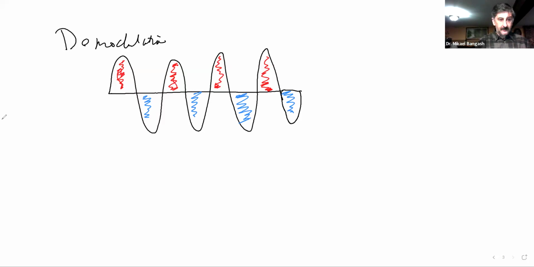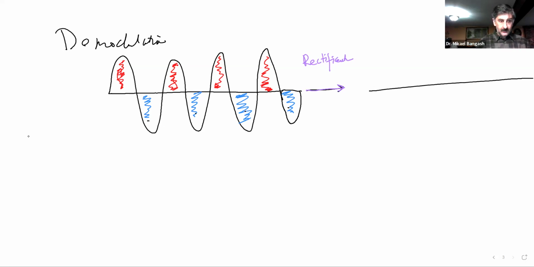Now, our first step of demodulation is going to be rectification. And what rectification mainly does is convert all these negative voltages or signals here into positives.